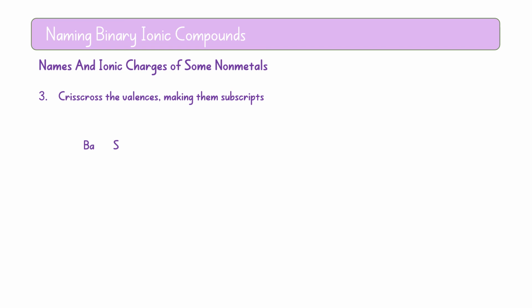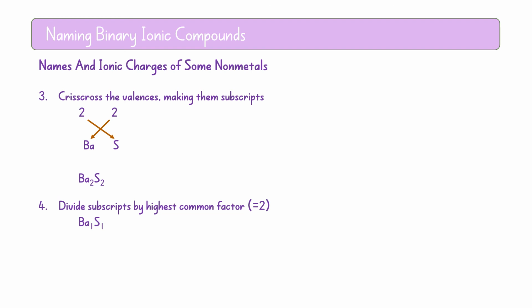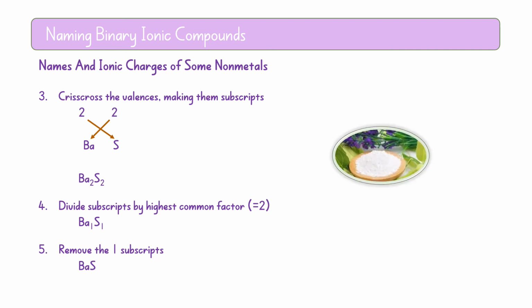Crisscross the valences, making them subscripts. Divide the subscripts by the highest common factor. In this example, it is 2. Remove the 1 subscripts and we will have BaS, barium sulfide.